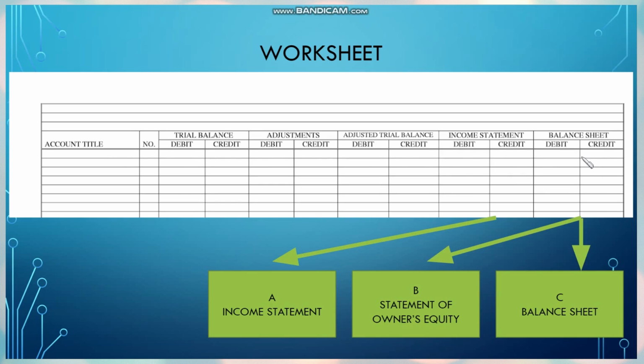Now, the completed worksheet helps in the preparation of the financial statements. We prepare the income statement, or we can also call this the statement of results of operation. We also prepare the statement of owner's equity, and we also prepare the balance sheet, which is also called the statement of financial position.